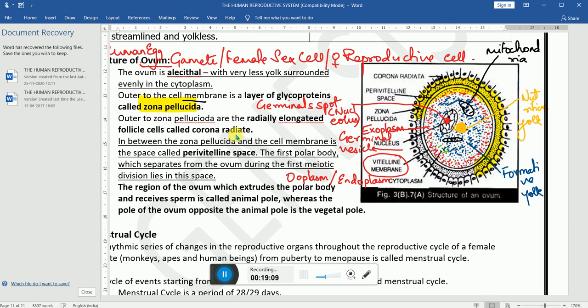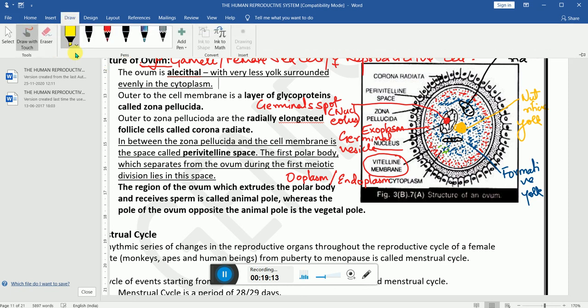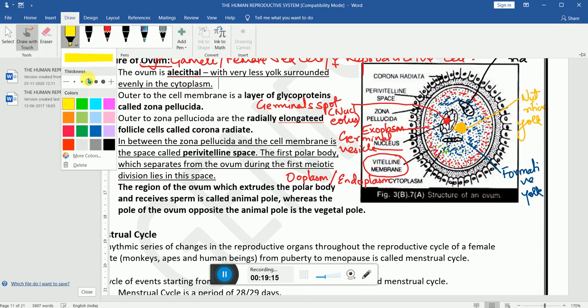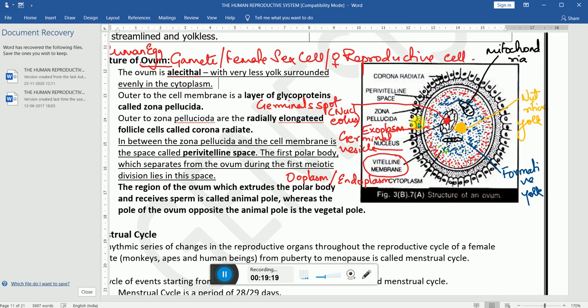Let me just try to decrease this part. Now what is this zona pellucida? The dotted thing that you see over here is all zona pellucida. So you will remember zona pellucida.